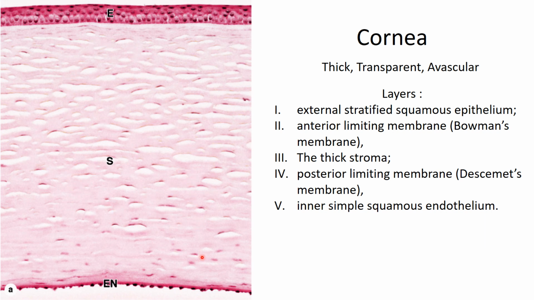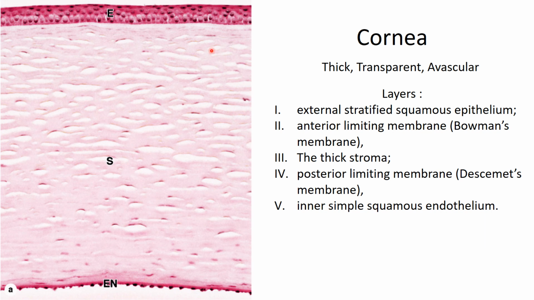Posterior to that is the posterior limiting membrane, which is the basement membrane of the innermost lining, the endothelial layer, made up of flattened squamous epithelium. So this is the inner simple squamous endothelial layer.